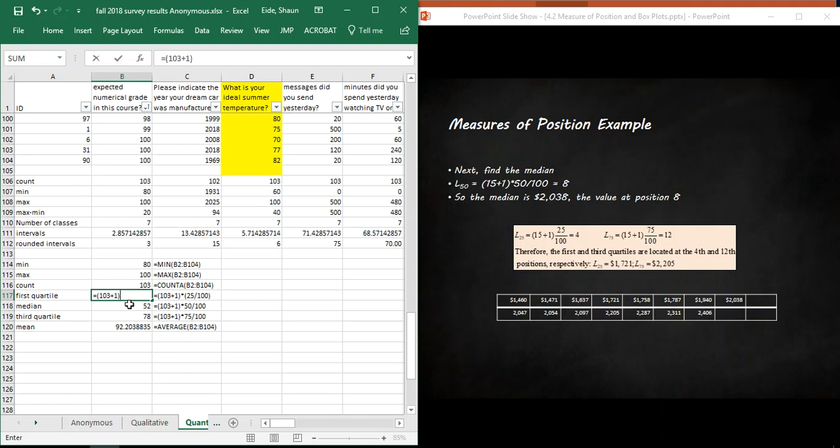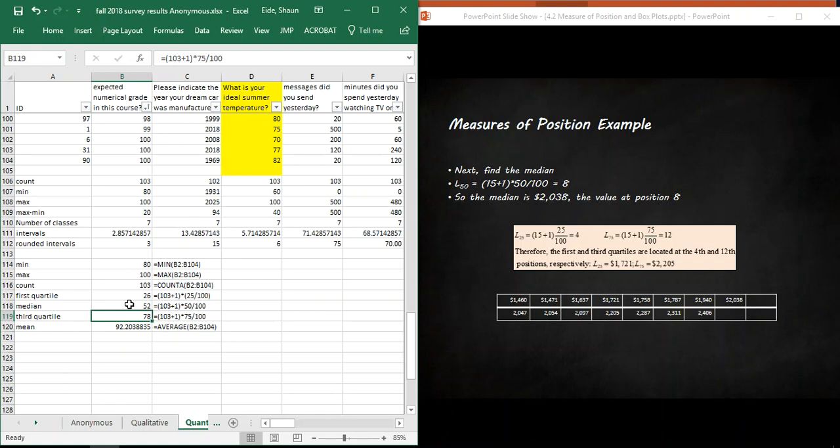You need those parentheses for order of operation, and then you want to multiply it by 25 divided by 100. Okay, you could also multiply it just by 0.25 if you wanted to. For instance, equals 103 plus 1 multiplied by 0.5. Okay, and it gives you the same thing.